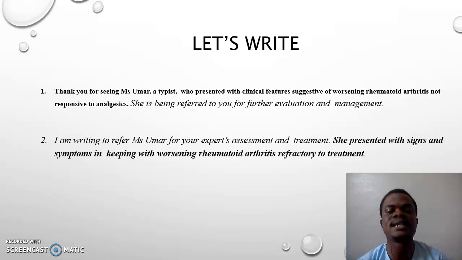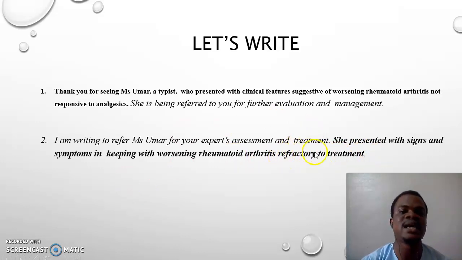And the second sentence now describes what the patient presented with, what I've done for the patient, and why I'm referring this patient, because the patient is refractory to treatment. So this is how you should go about your introduction. There is really no need to add unnecessary information because every other thing will be discussed in the body of the letter.